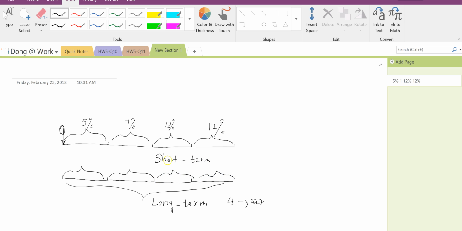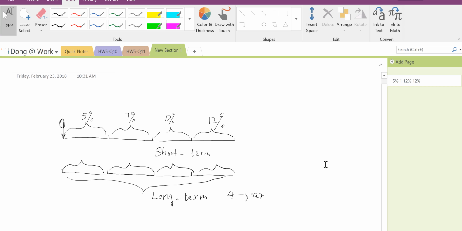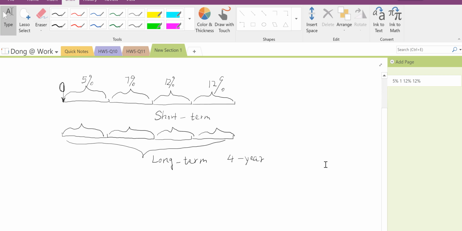And based on that expectation theory, expectation theory basically tells us, we call this I, subscript 4, which stands for the maturity, number of maturities.